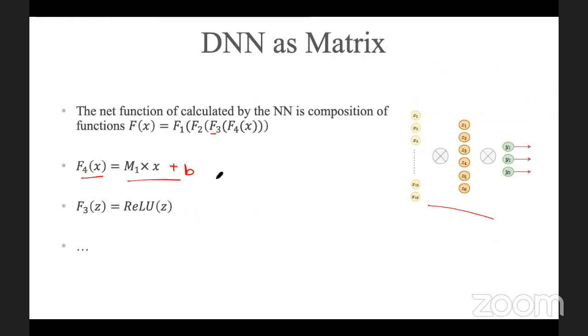Then for F3, you apply, let's say, the activation function over Z, where Z is a vector. After that, you multiply with another matrix, M2, which represents the weights here, and then you apply ReLU again and get the final output. So the net result is a composition of all these functions.